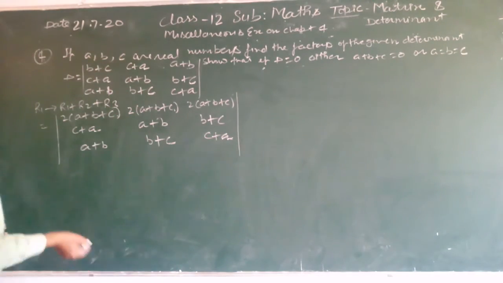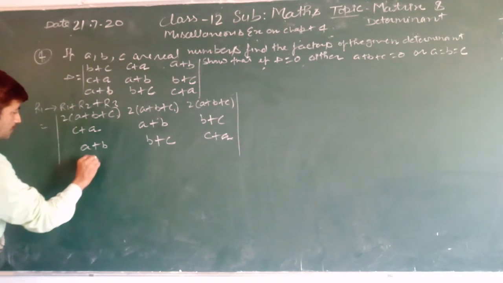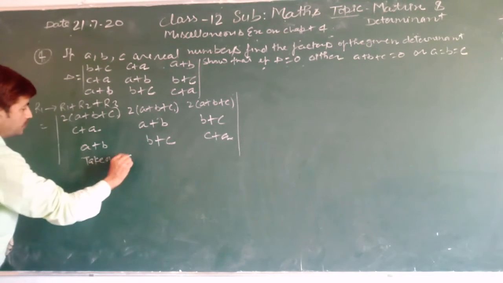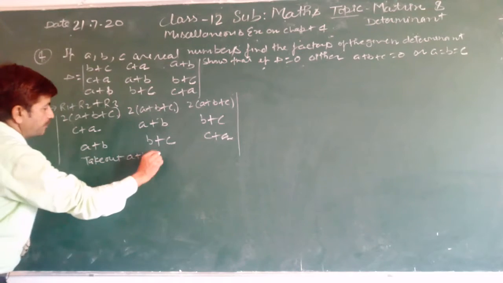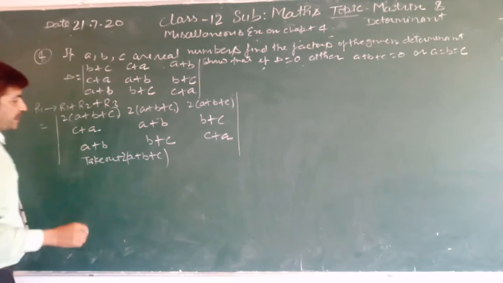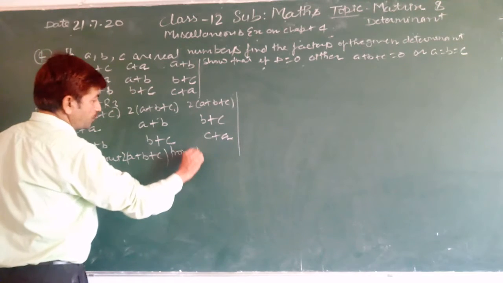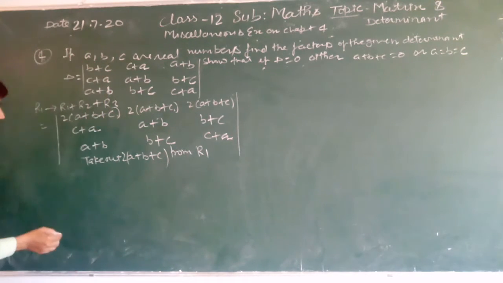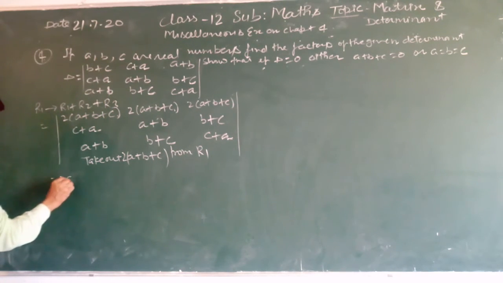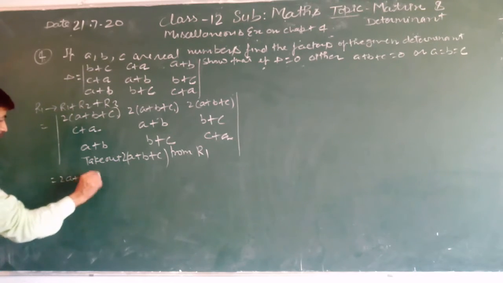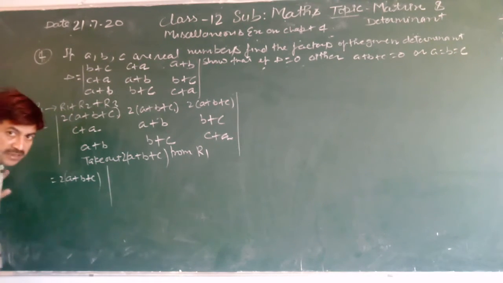Take out the common factor, twice A plus B plus C, from the first row. Then we get twice A plus B plus C times the determinant.